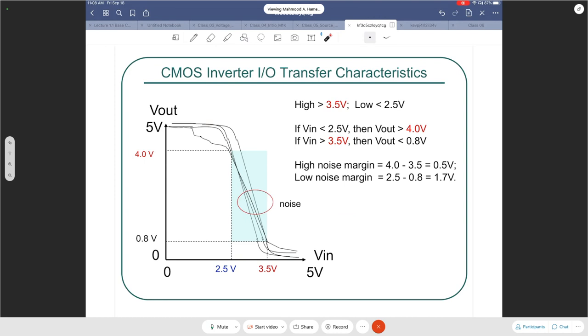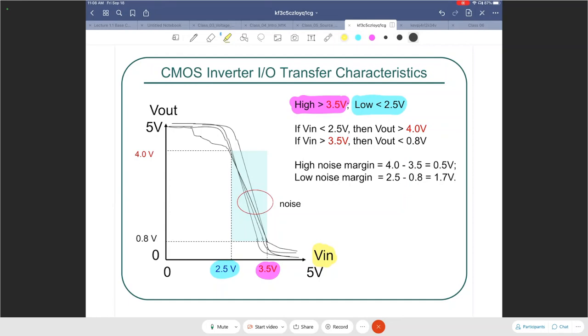So the first assumption over here is, what is a high voltage? When you think about the input, any voltage that is more than 3.5 is considered as high. And any voltage that is below 2.5 is considered as low. This is for the input side, of course. Now, let's take a look at the output, right?